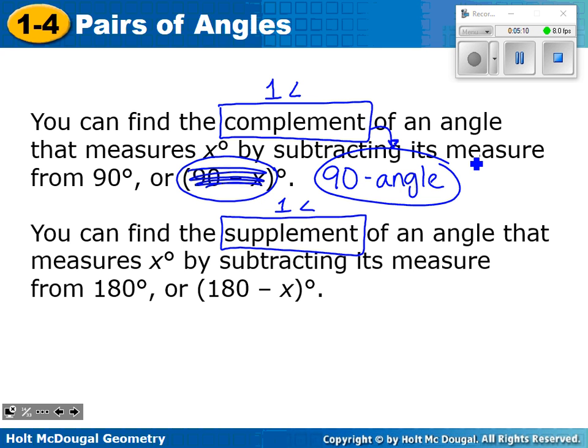So again, if I have a 50-degree angle, what is its complement? 40, okay? 30-degree angle, what is its complement? 60. So it's whatever it takes to make it 90. It is 90 minus the angle that they give you. Same idea for supplement, except it's not going to be 90 minus the angle. It's going to be 180 minus the angle.